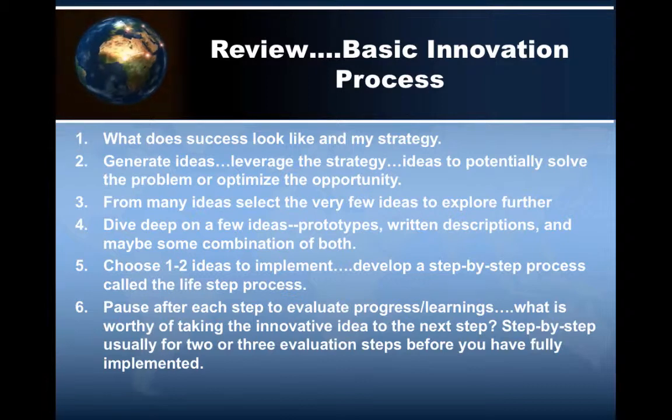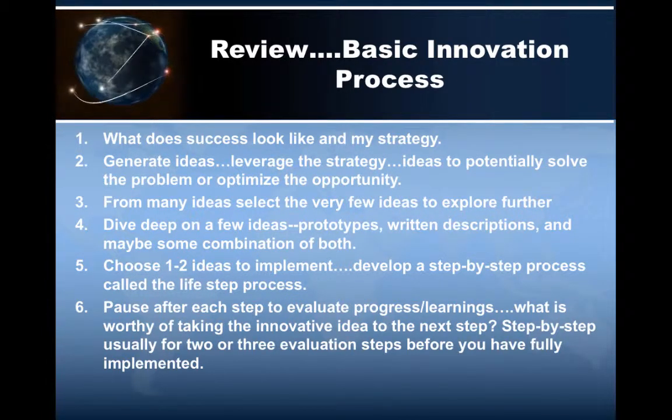From the many ideas, you select a very few ideas to explore further. Then you dive deep on a few ideas, like prototypes, written descriptions, and maybe some combination of both. Then from all of that and all the learning you got, you choose one, maybe two, but usually one idea to implement. You develop a step-by-step process, which in the Innovate for Life world is called the life step process.